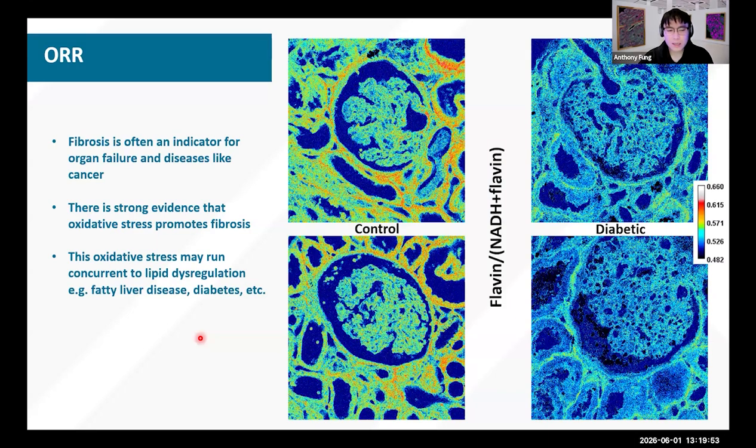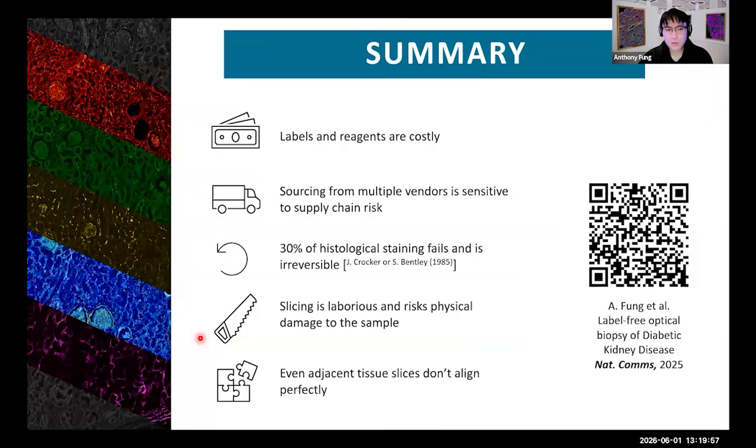And so, in summary for this paper, a lot of the stains and reagents that are used in today's research landscape are costly. They can also be toxic and require a lot of expertise.